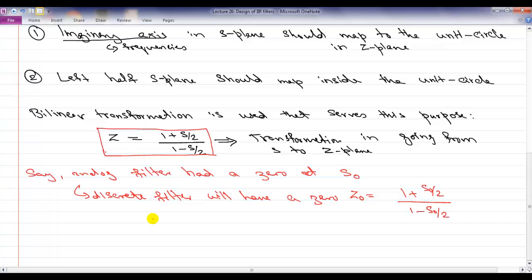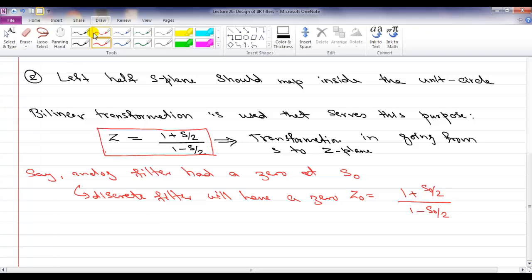Okay, so a 0 will map to a 0. In general, this transformation is doing the whole functional transformation, but at the end of the day, what matters is a 0 is going to get mapped to a 0 where the location of the 0 in the Z domain is given by this expression: Z naught equal to 1 plus S naught over 2 divided by 1 minus S naught over 2.